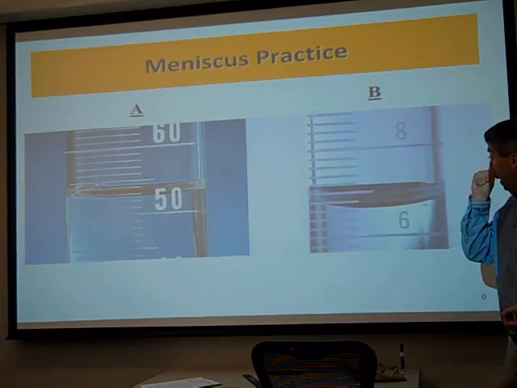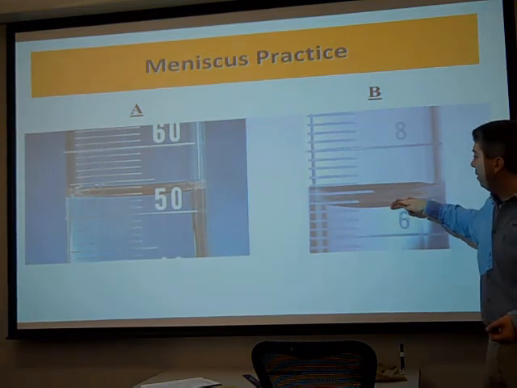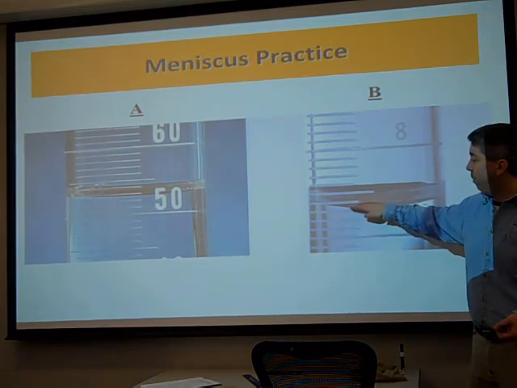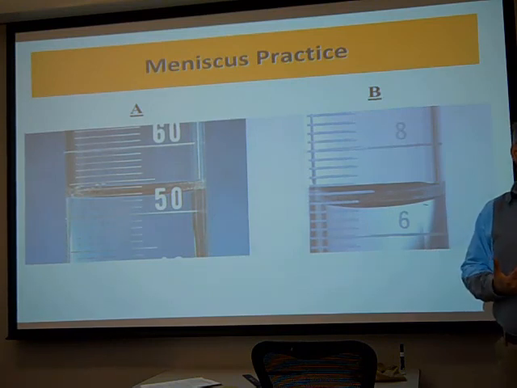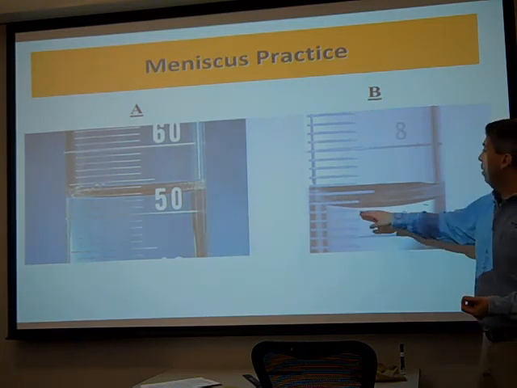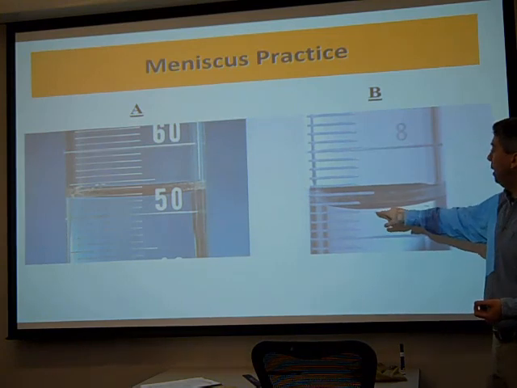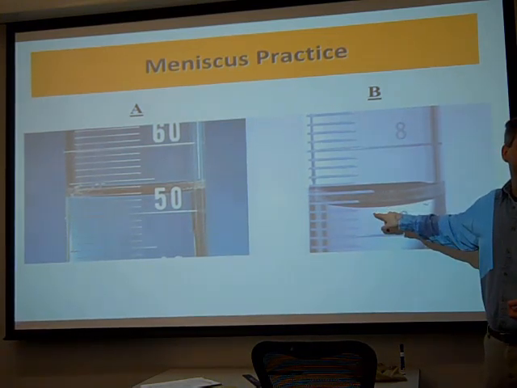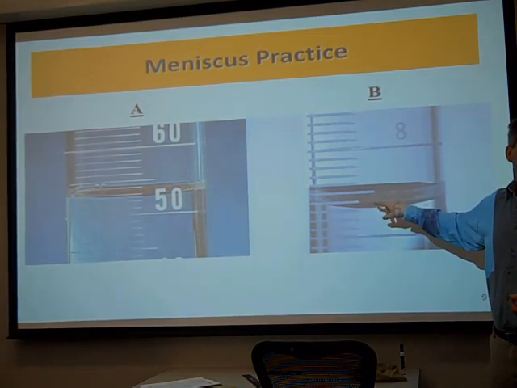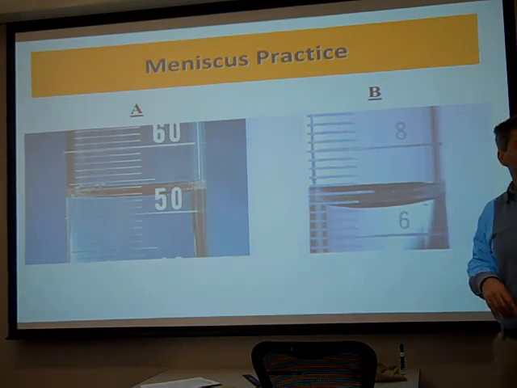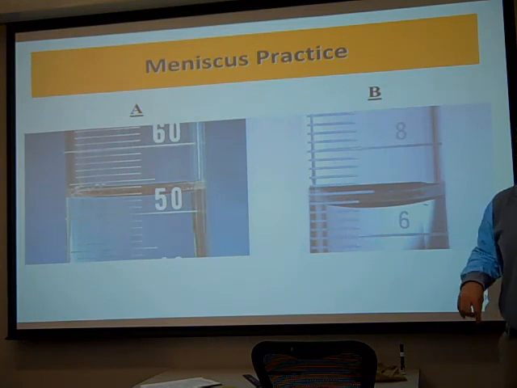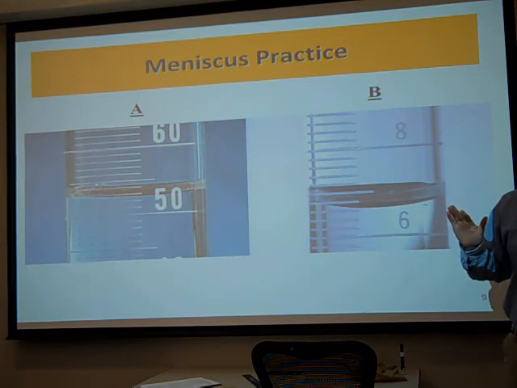Okay. Now, you have to estimate between the smallest markings. So 6.6 doesn't give you the level of accuracy that you need. It looks like it's just a little bit above 6.6, doesn't it? So if you said 6.61 or 6.62 or 6.63 or 6.64, all of those would have been within the realm of possibility.